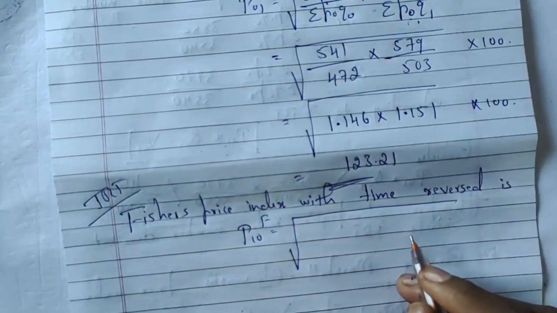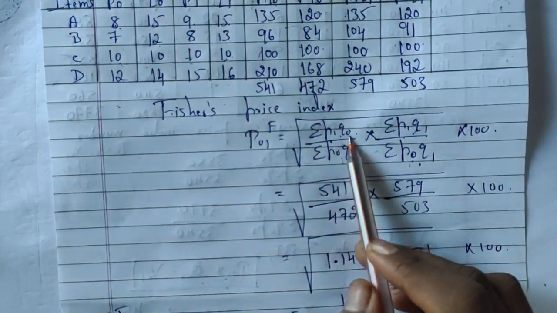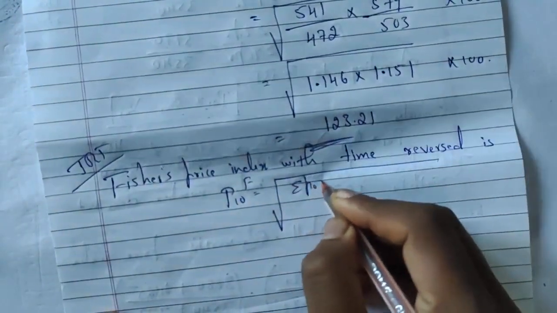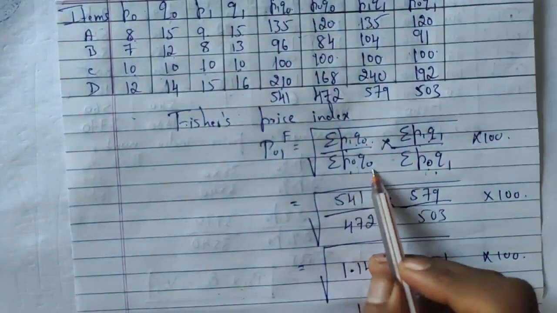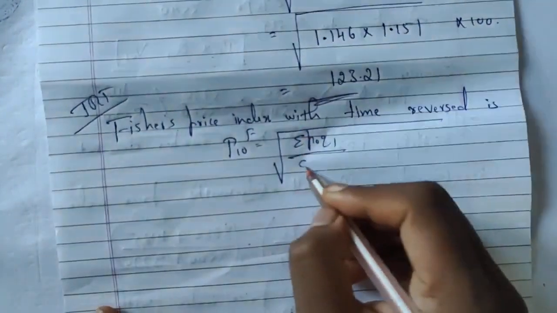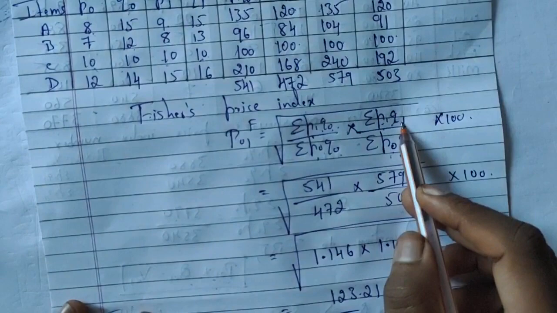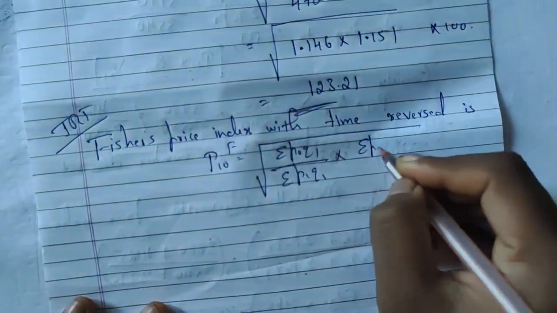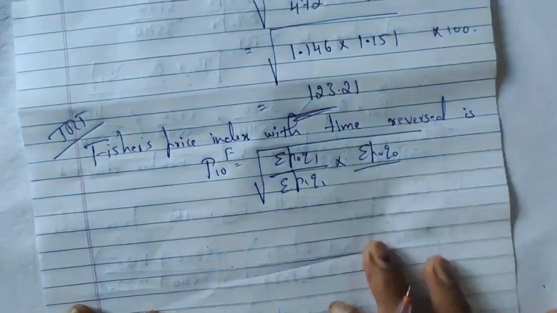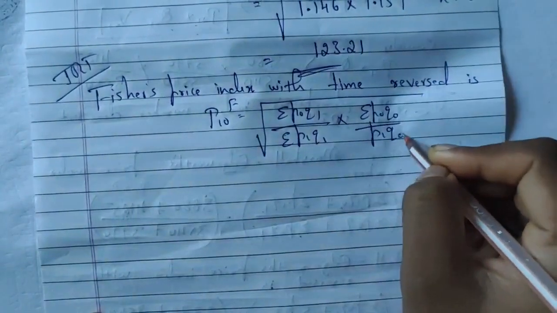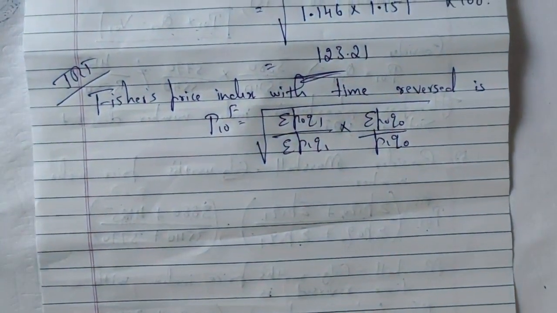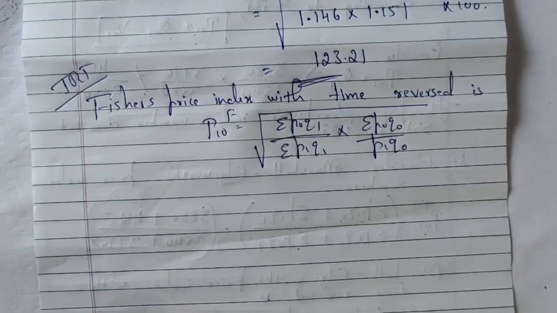Interchanging the values of 0 and 1. That is here summation P0 Q1 divided by P1 Q1 into P0 Q0 divided by P1 Q0. So this is time reversal for Fisher's price index.